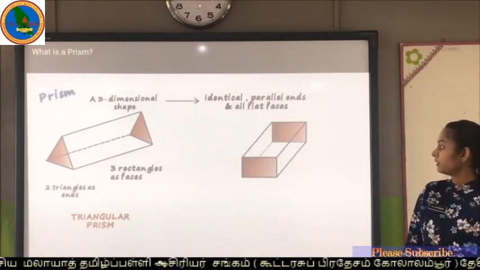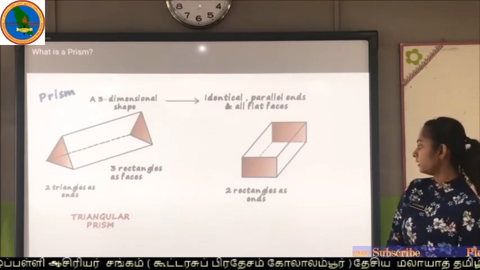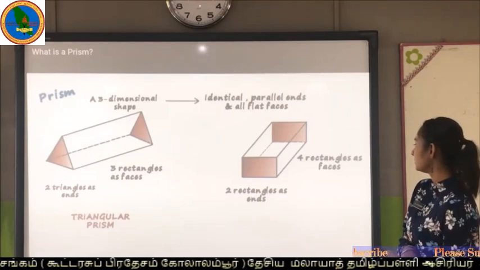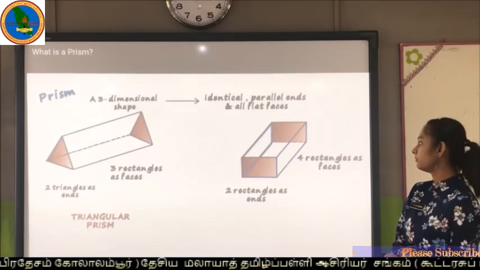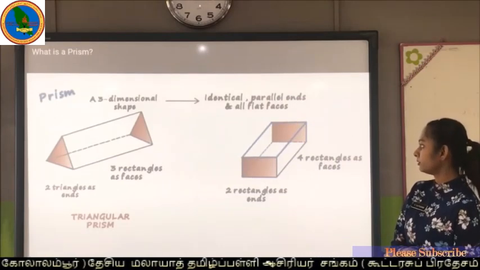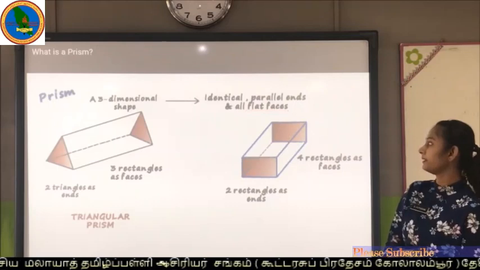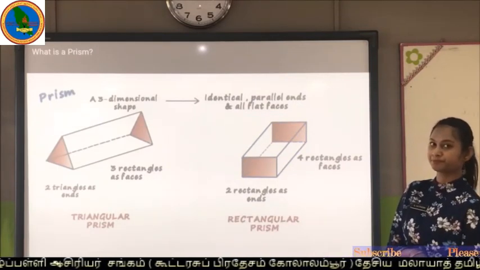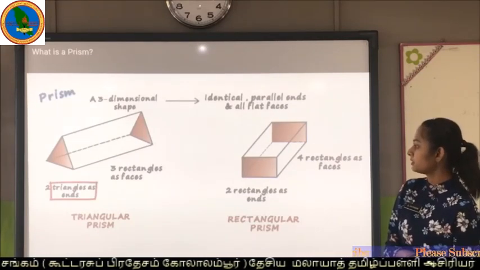Another prism. Let me color its ends. We can see it has two rectangles as ends. They are also parallel to each other. And it has four rectangles as faces, one on the right side, one on the left side, one on the top and one on the bottom. So all its faces are flat. This is called a rectangular prism. If you notice, prisms are defined by their ends.